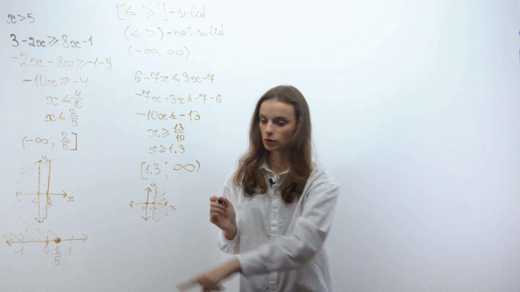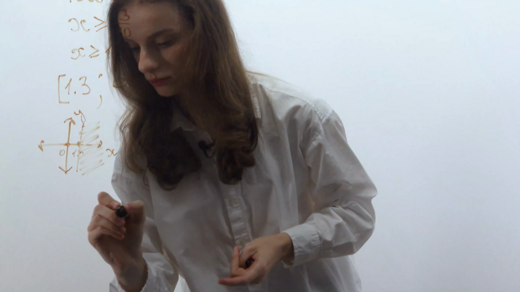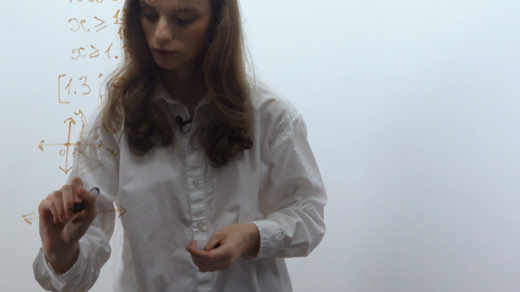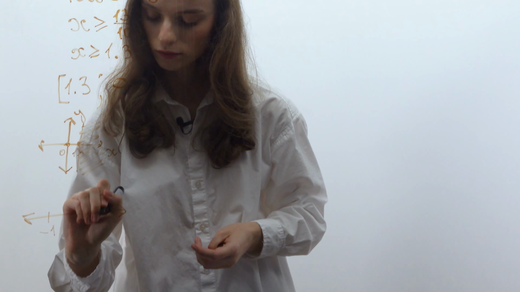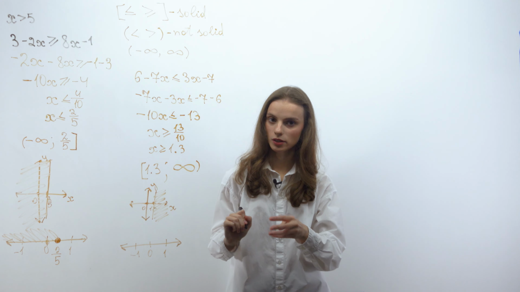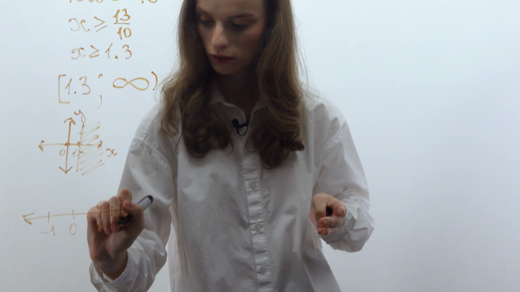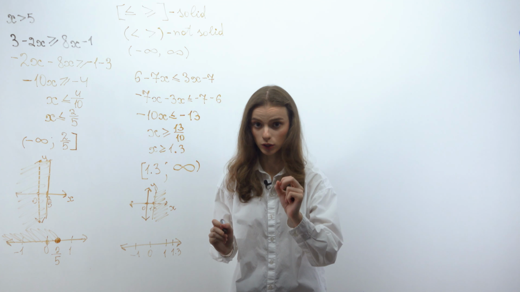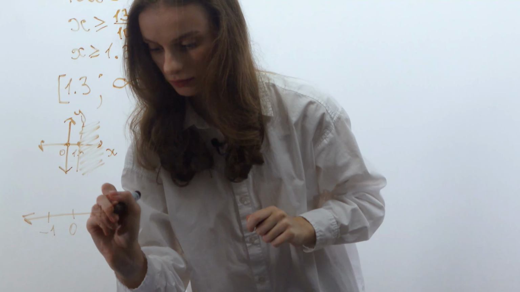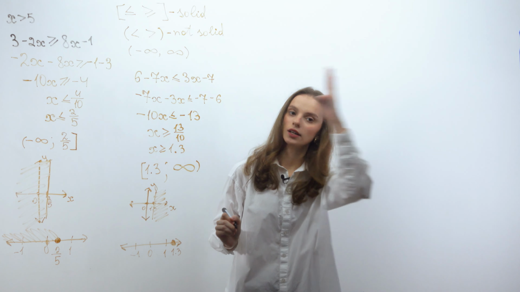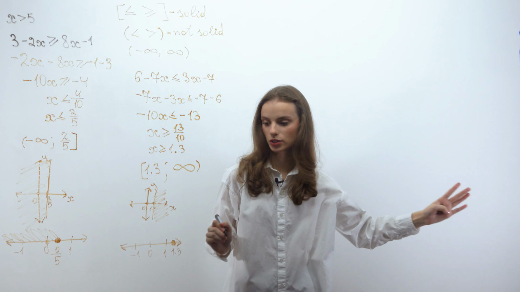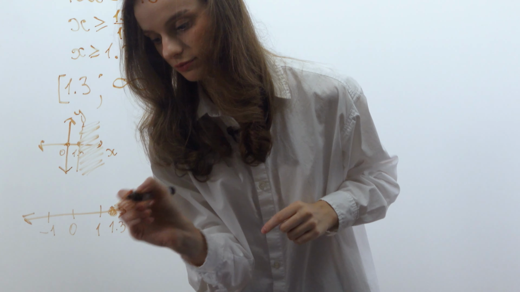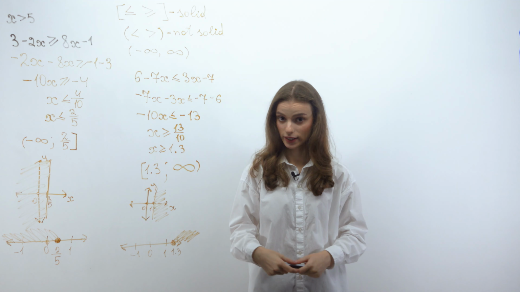And now let's do it on the number line. 1.3 is going to be to the right of 1. So any number that includes 1.3, if it includes, then the point is going to be solid. So it's going to go to the right, any number to the right of 1.3. This is how you solve inequalities.